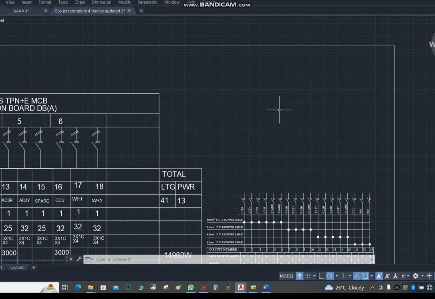For instance, I assign 50 watts for each point. It's going to be 50 times 15 divided by 230 times 1.8 if I am using discharge lighting. Then if I am using 10 points, it's going to be 50 times 10 divided by 230. You now arrive at your breaker size.